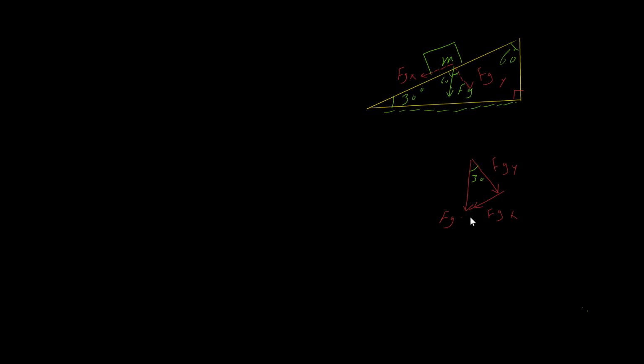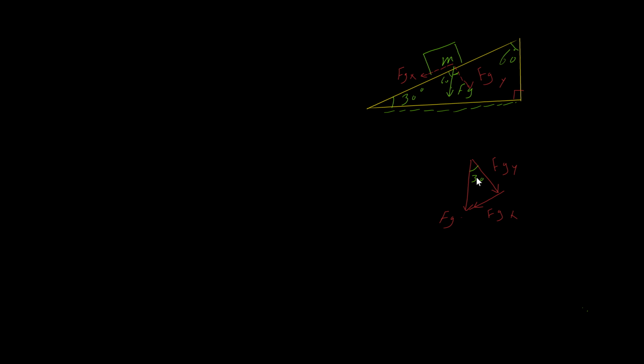Now from here, we can find Fg y and Fg x to further explain the speed and the acceleration of the object going down. In order to find these, SOHCAHTOA.